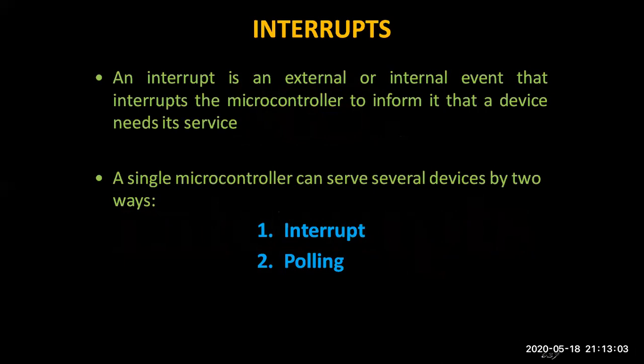So, coming to the interrupt, an interrupt is an external or internal event that interrupts the microcontroller to inform that a device needs its services. That means when the microcontroller is doing the normal operation, you can get an interrupt through an external hardware component or an internal device.